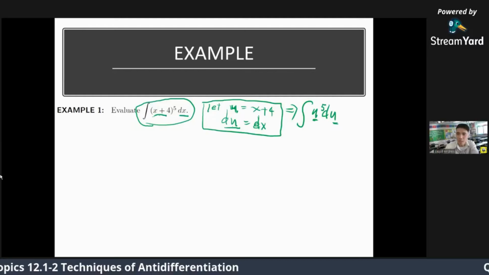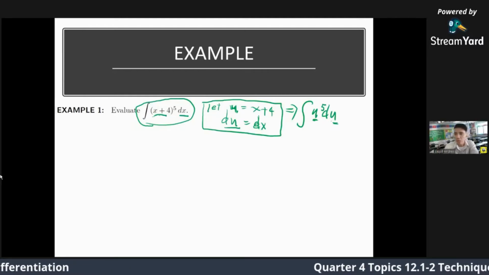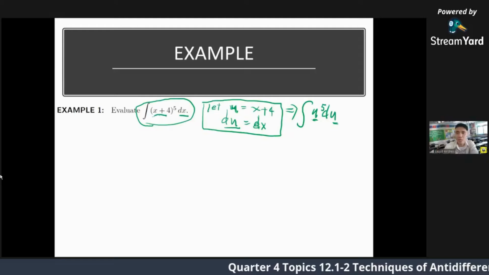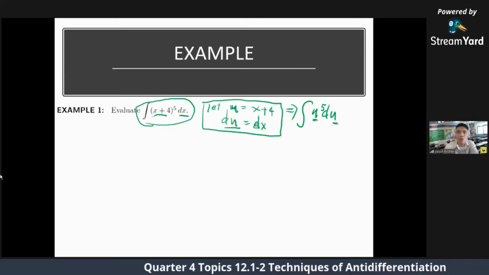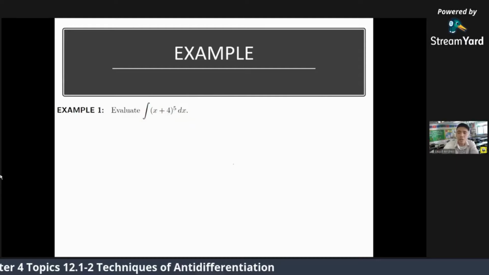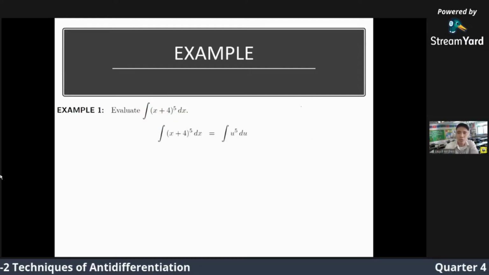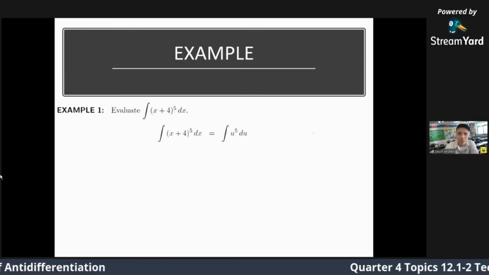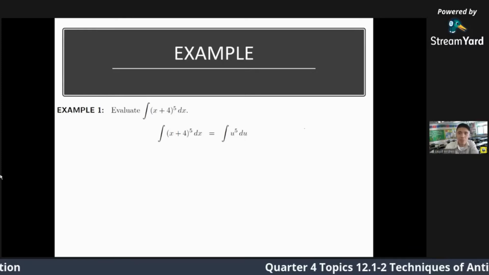So naa na kay mas simpler karon nga integrand. So mas dali na lang makagamit na katong power rule. So pwede na ta, come up na siya u raised to 5 du. And then integrate na lang ka.